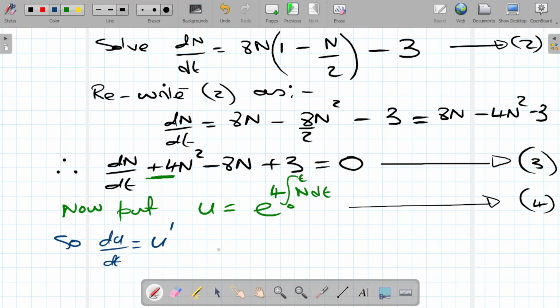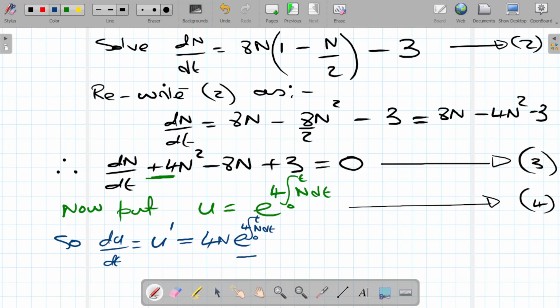And if we differentiate whatever is on the right-hand side of equation 4, we get 4n e to the power of 4 times the integral of n dt, and that really should go from 0 to t, like that.